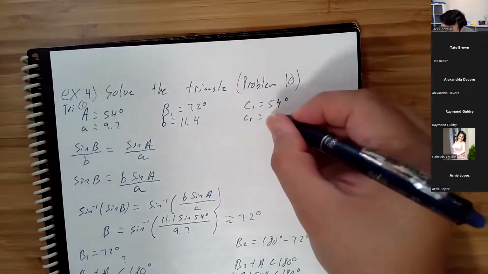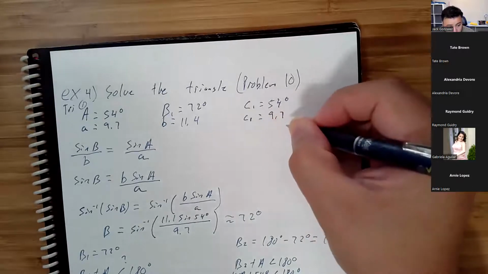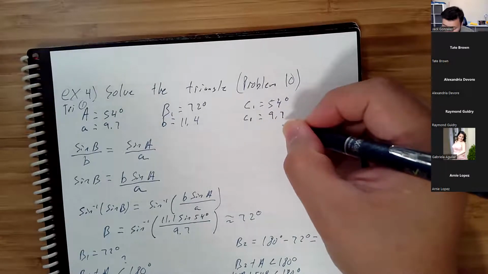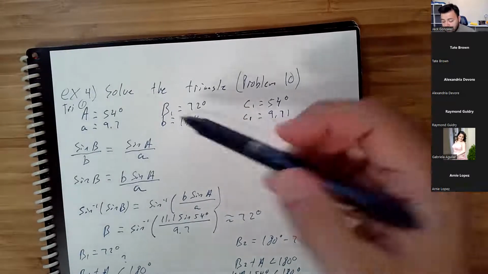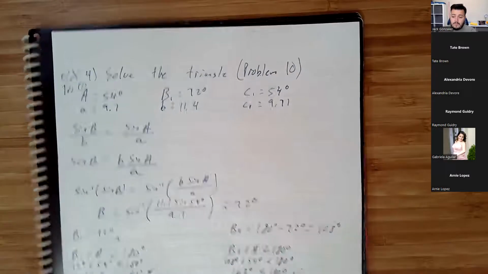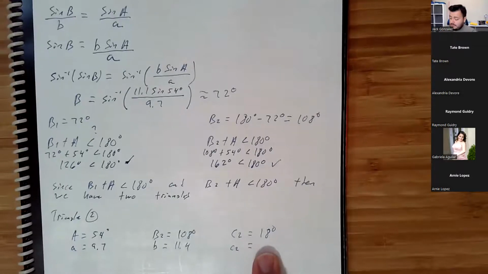9.7 was little a, and so was this guy. I did the same thing with c2, but using these angles.